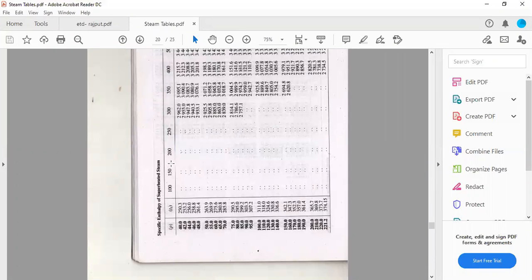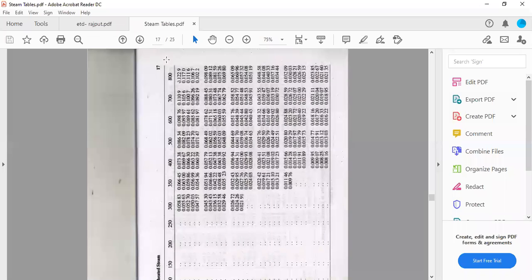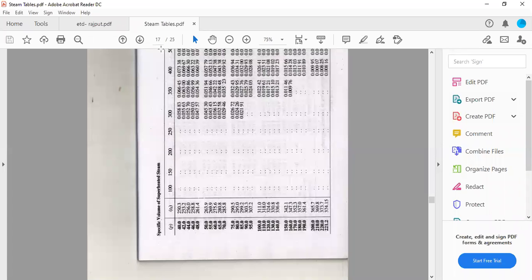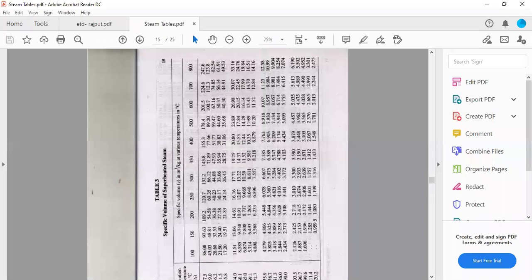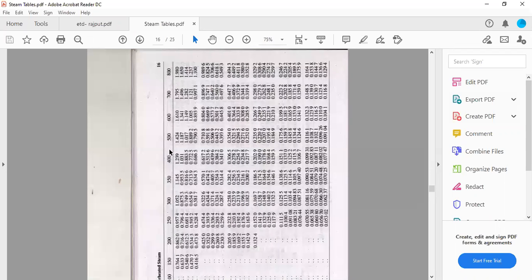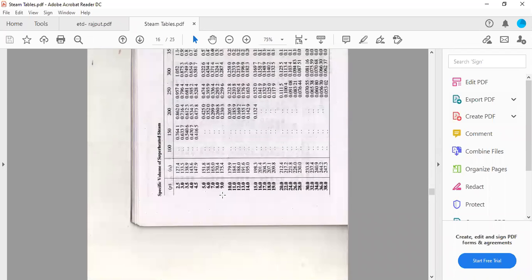Now, what is your pressure? 6 point. See, at the given pressure. Now you see, in the next page itself it will be there. Now here it is.